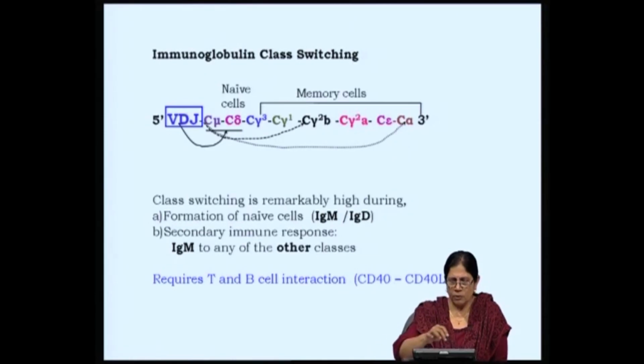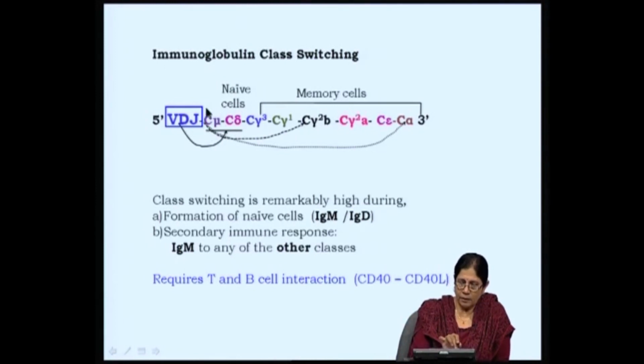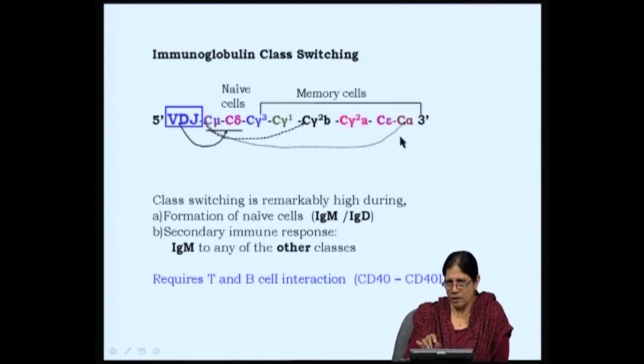Now, when we come to immunoglobulin class switching, the IgM heavy chain, which is called C mu, and C delta are always co-expressed on naive cells, and you can see that these can class switch from mu delta to any one of the isotypes. What are these isotypes? They are the constant domains, remember, which we have seen in the immunoglobulin gene organization.